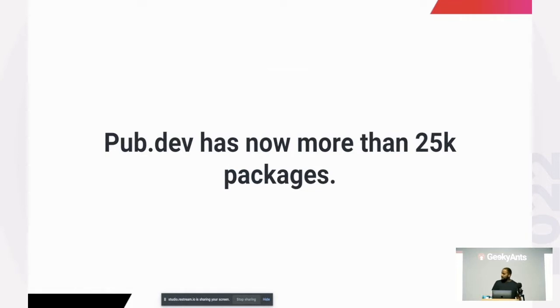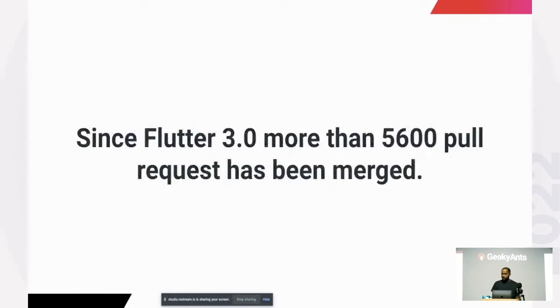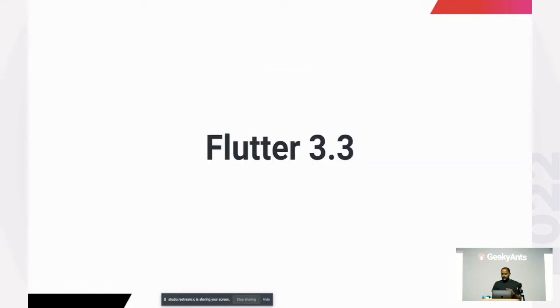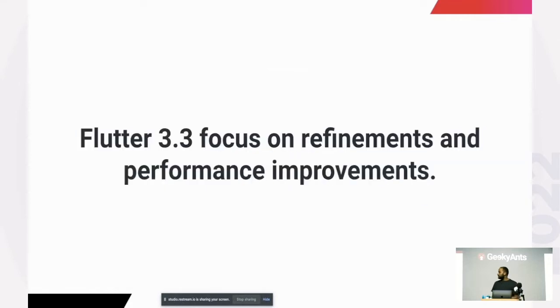Then around 2 months back, at Google I/O, the Flutter team announced Flutter 3. Since then, more than 5,600 pull requests have been merged. As a result, there have been updates for Flutter 3.3. This includes all the refinements and performance improvements which were launched by Flutter 3.